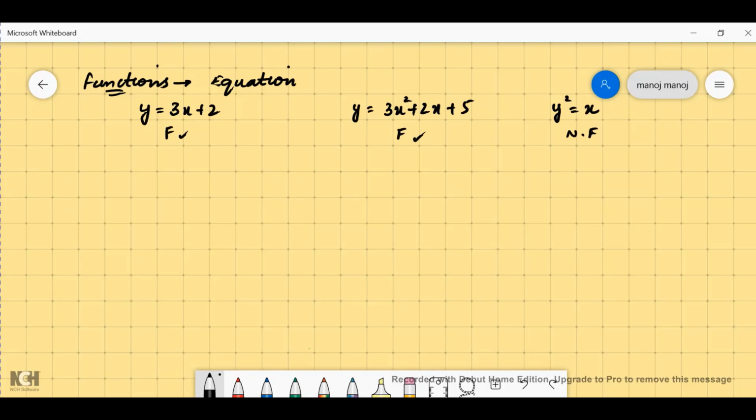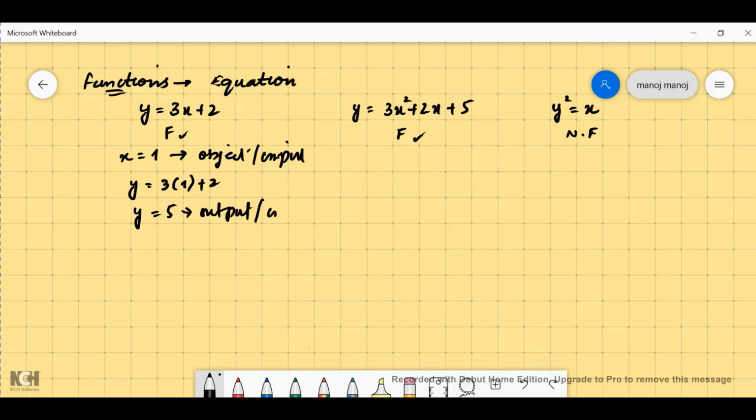Why? Because when I take any value of x, suppose x is 1, then y equals 3 times 1 plus 2, which is 5. This is called the object or the input, and this is called the output.